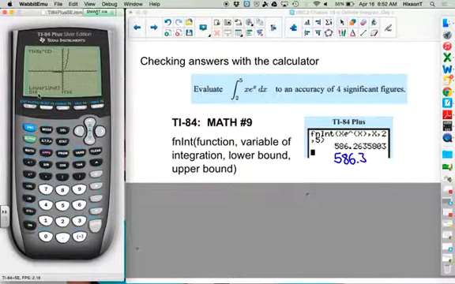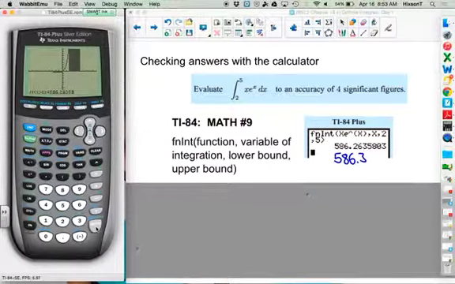The lower limit, you can just type in x equals 2 and x equals 5. And notice it'll actually show you the area.